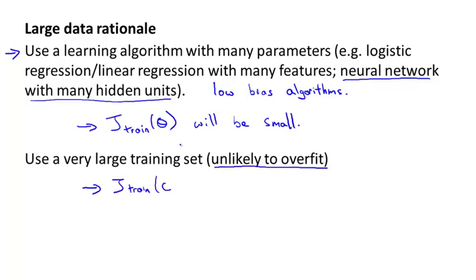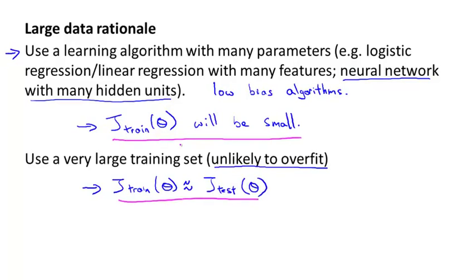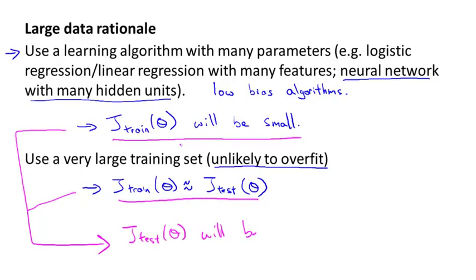And by unlikely to overfit, what that means is that the training error will hopefully be close to the test error. Finally, putting these two together, if the training set error is small and the test set error is close to the training error, what these two together imply is that hopefully the test set error will also be small.